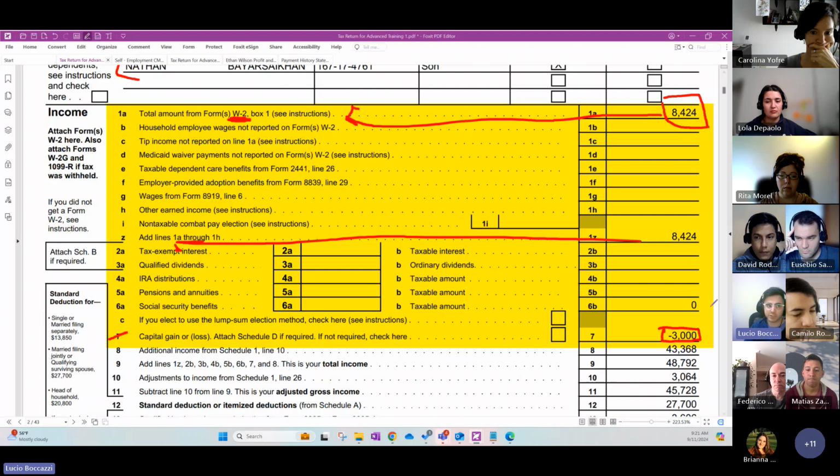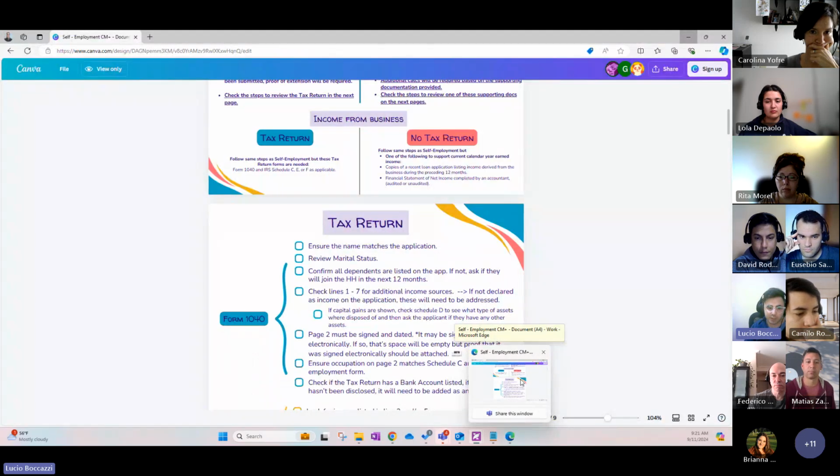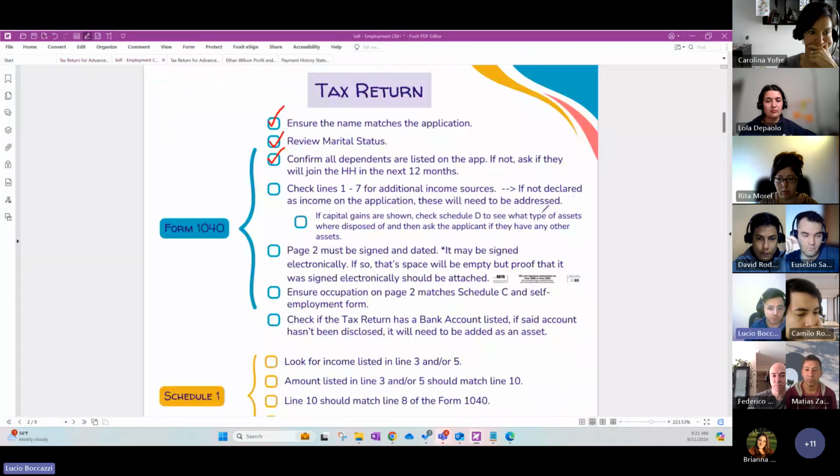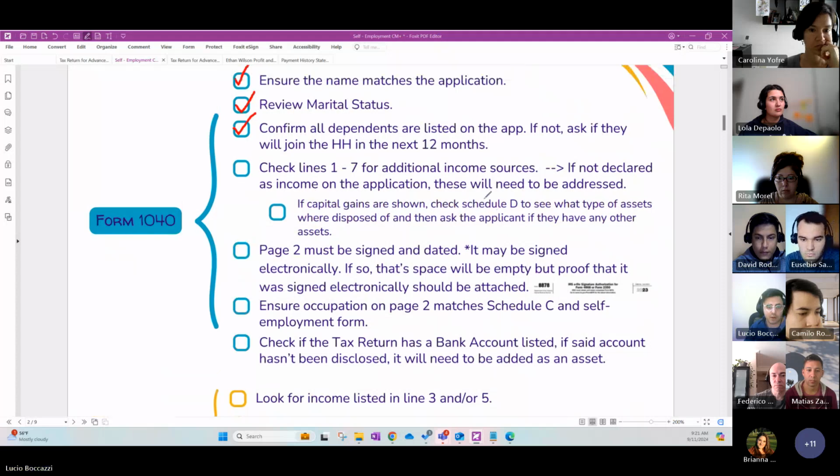So let's go back to the cheat sheet and see what the cheat sheet tells us about those capital gains. Actually, let me use the Foxit one. So I've already checked lines 1 through 7, and here there is a sub-step under this one that says if capital gains are shown, check Schedule D to see what type of assets were disposed of, and then ask the applicant if they have any other type of assets.